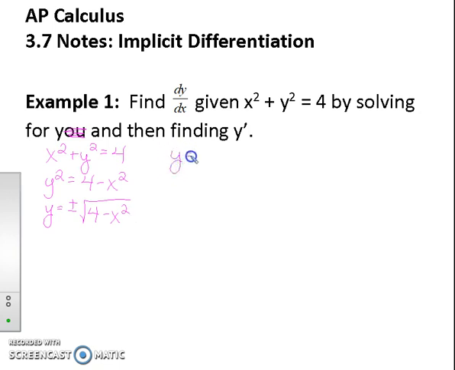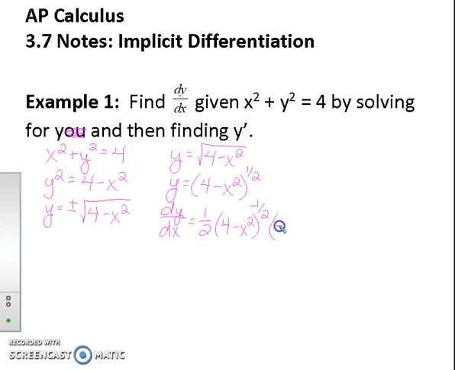So if I have y equals the positive square root of 4 minus x squared, that is y equals (4 minus x squared) to the 1/2 power. For dy/dx in that form, we would do the chain rule, so we would have 1/2 times the inside with our new exponent of negative 1/2, and then times the derivative of the inside, which would be negative 2x.